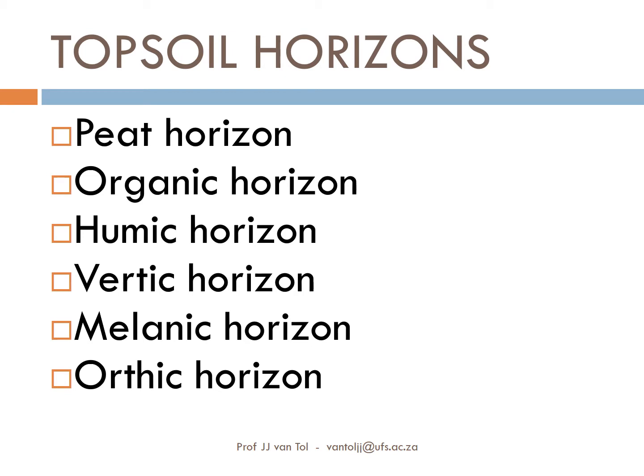So you start at the peat horizon, and essentially it's a process of elimination. If you classify it as a peat horizon, then it is a peat horizon. But if it doesn't fit the criteria for the peat horizon, then you go to the next one, and the next one, until you find the appropriate horizon.